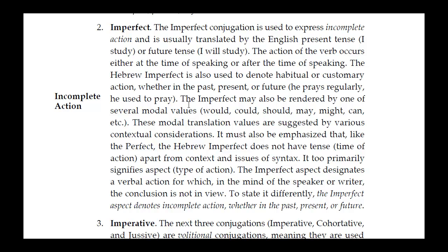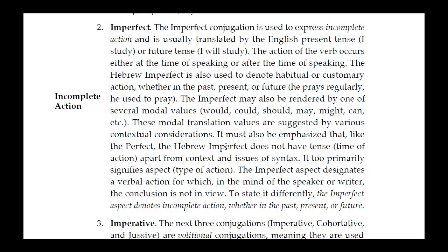We could use also several modal values, which would, could, should, may, might, can. These are used for wishes or desires. So, once we get into that, we'll learn how to recognize the best possible translation based upon the context of the scriptures here, or of the text itself.